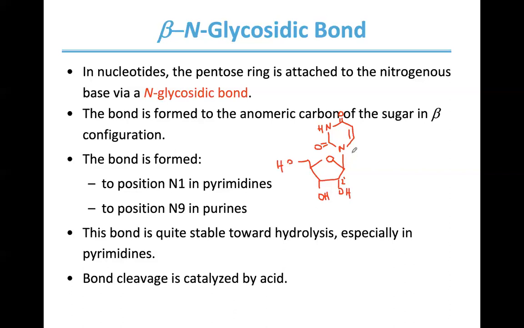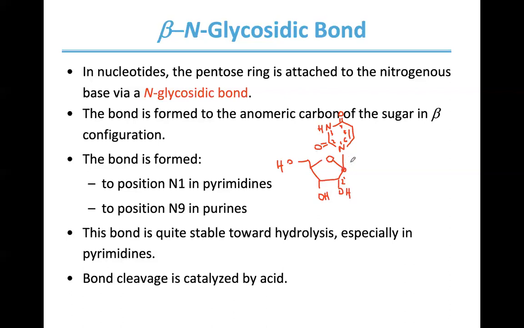And remember the numbering system we're utilizing. This is 1, 2, 3, 4, 5, 6. So this is the glycosidic bond. This is the anomeric carbon right here, and this is beta configuration.